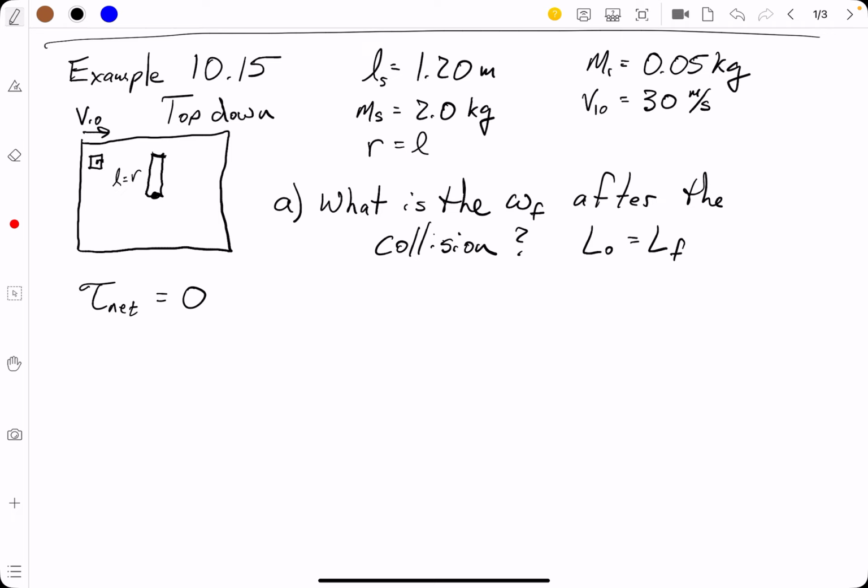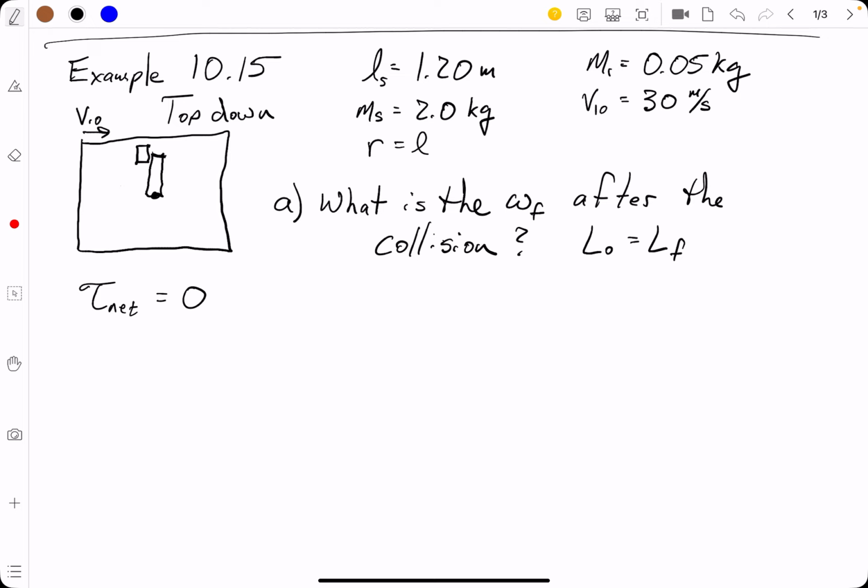Now we have to figure out a few things. But before we do, I want you to imagine the situation. I'm going to erase this, and I'm going to erase this. Imagine the situation. The box is about to hit the stick. Just about to hit the stick.